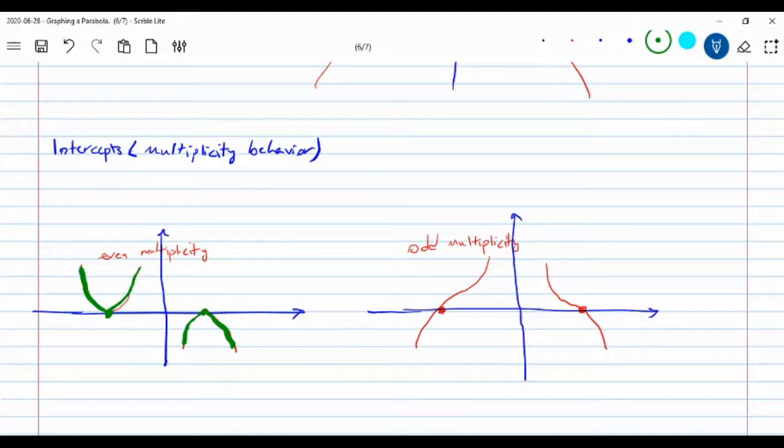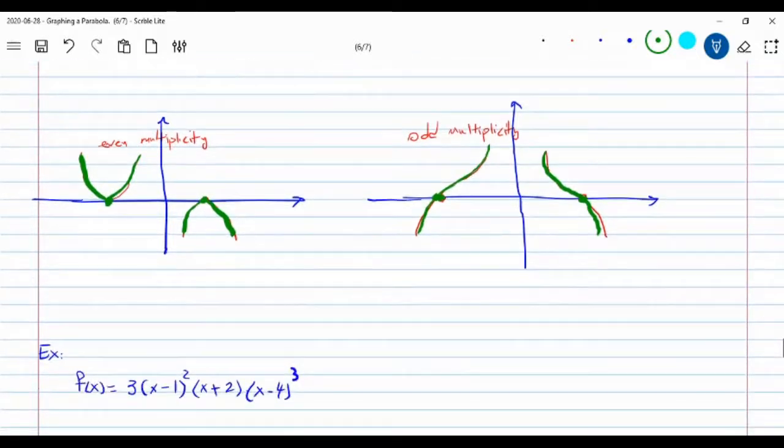It only touches the x-axis. On the other side, if there is an odd multiplicity, these green points are, let's say, zeros of the function. In the case of odd multiplicity, the graph has to cross. So if you have a zero with odd multiplicity, the graph will cross. If it's an even multiplicity, then the graph will touch and come back.